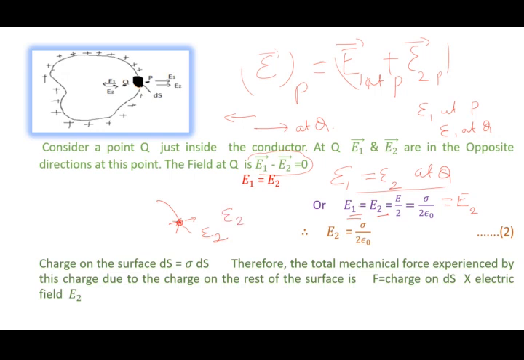Now we know the field at this point due to the rest of the charges, that is E2, and we know the charge also. Charge on the surface ds is sigma ds, and you know that electric force is charge into field at that point.